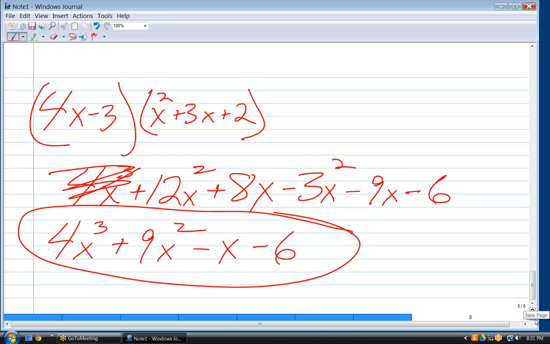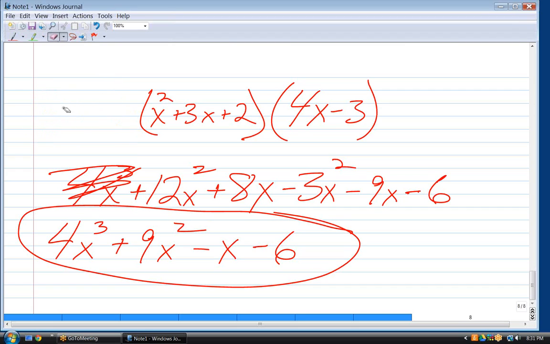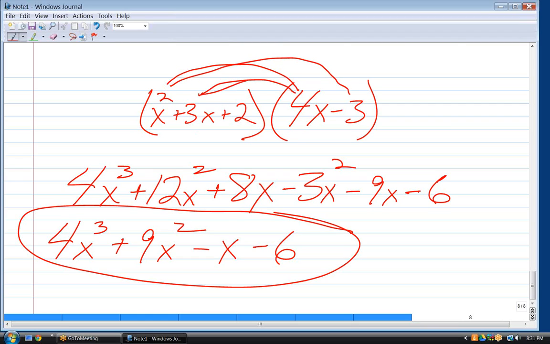Now, it would have been the same thing, notice, if I'd have left it the way it was originally written. It produces the same thing. I'm still going to take this term, multiply it by that, and then that term, multiply it by that, and then this term, multiply it by that, this term, multiply it by that, and finally the last term, multiply it by that, and the last term, multiply it by that.